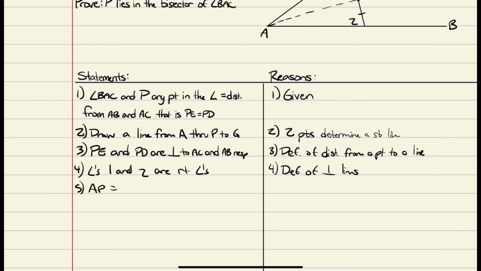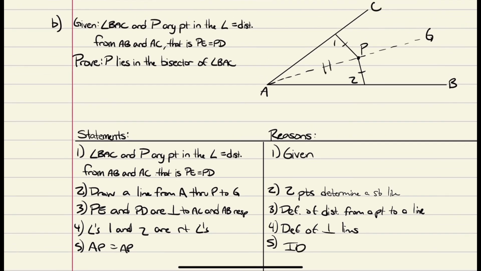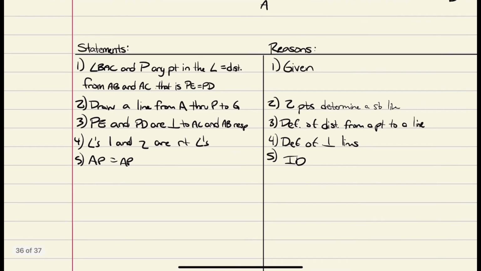Let's make our markings here. There we go. That is our right angle. That is our right angle. And then we can say number 6, triangle AEP and triangle ADP are right triangles. Definition of right triangles.